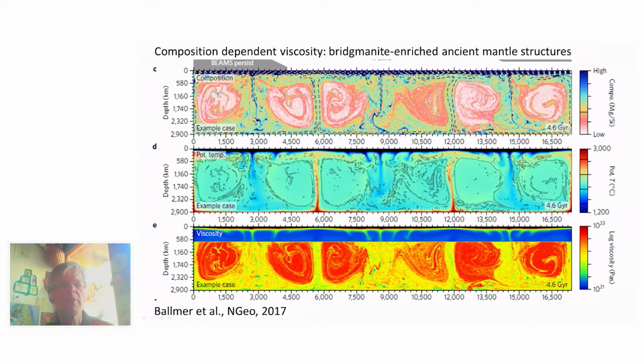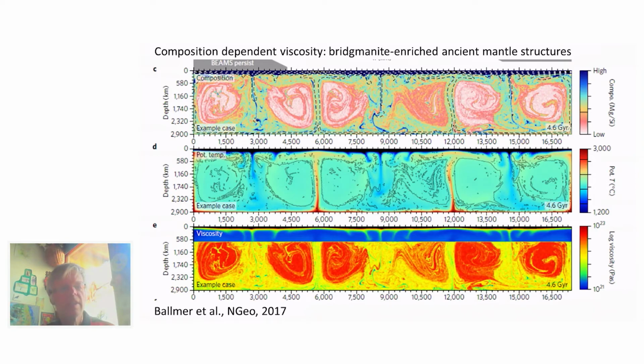Because bridgmanite tends to have higher viscosity, you tend to have these regions of very high viscosity in the mantle, which don't mix well with the rest of the mantle. And in this particular case, these regions are actually blobs which are sort of rotating in the mantle. And most of them tend to not be mixed with the rest, they just rotate fixed. And you tend to have in between the flow of plumes coming up and of slabs going down.